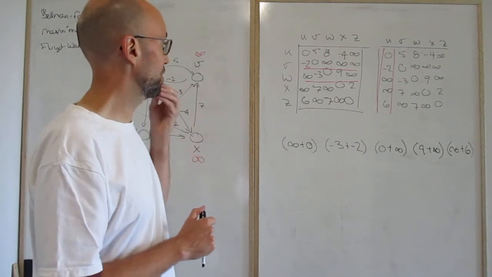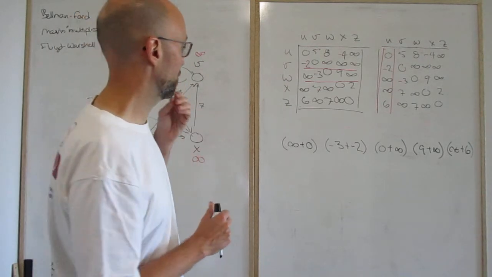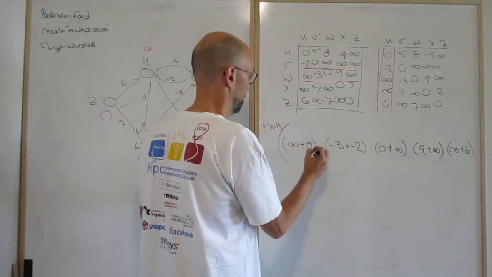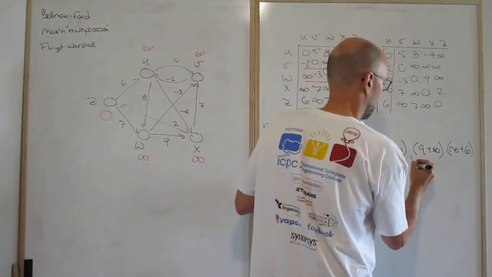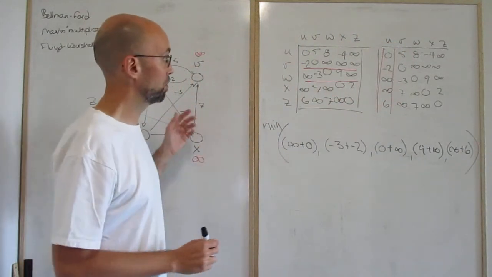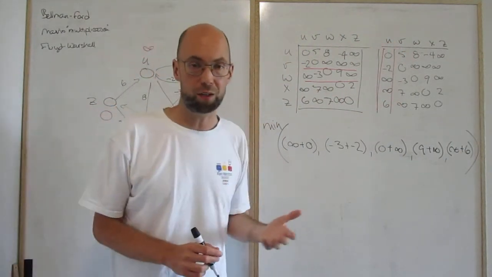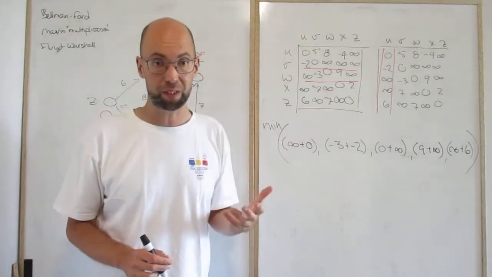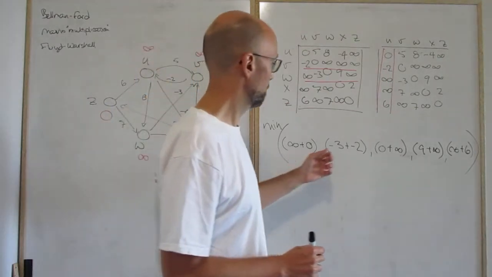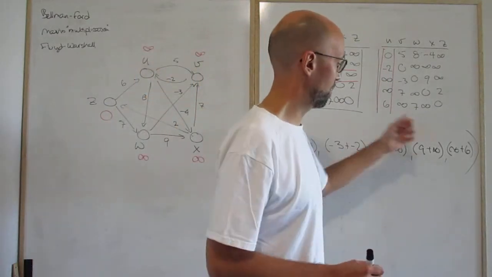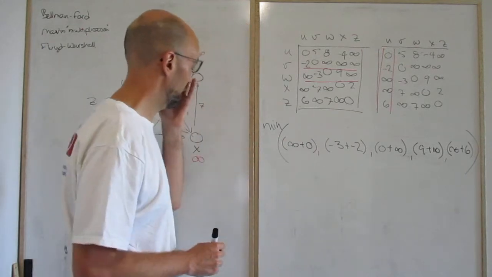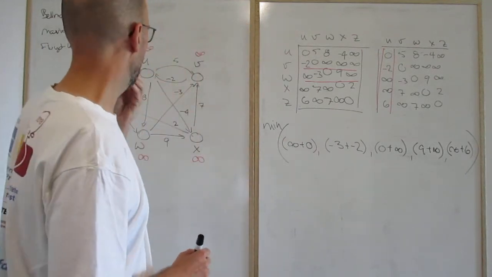So let's consider going from X, and then we take a min of all of these things, and that tells us that the cost of going from W to U in 2 steps, allowing yourself to stand in the same place, so actually it's at most 2 steps, is going to be, well, in this case, all of the rest of these things are going to be infinite, and this is going to be -5. Okay? So let's consider X.